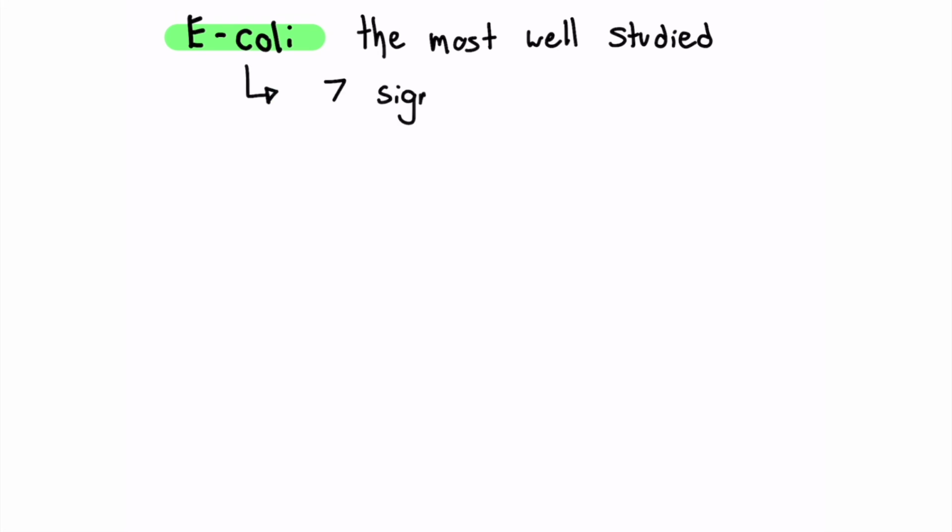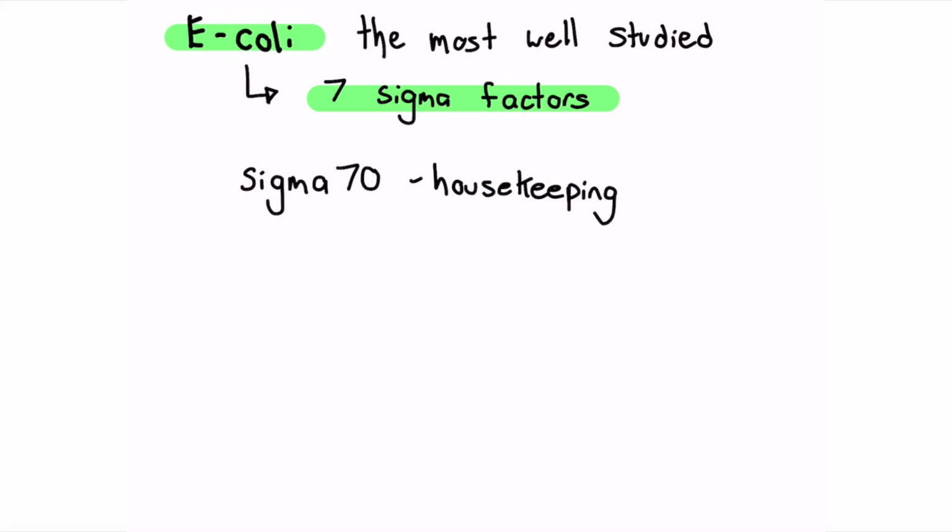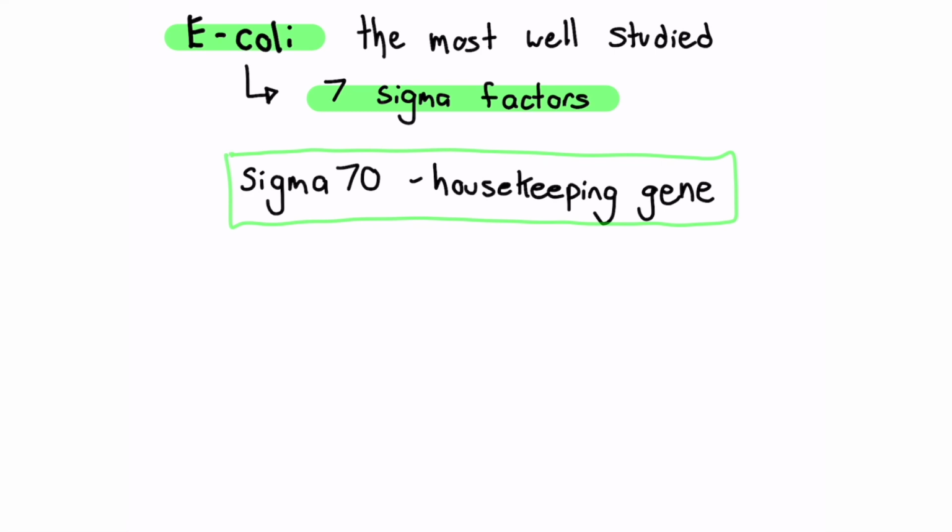E. coli has 7 sigma factors, each of which is responsible for transcribing a specific set of genes, the primary of which is sigma 70, a factor responsible for the expression of most, if not all, unconditionally essential genes. In other words, sigma 70 is the housekeeping factor.